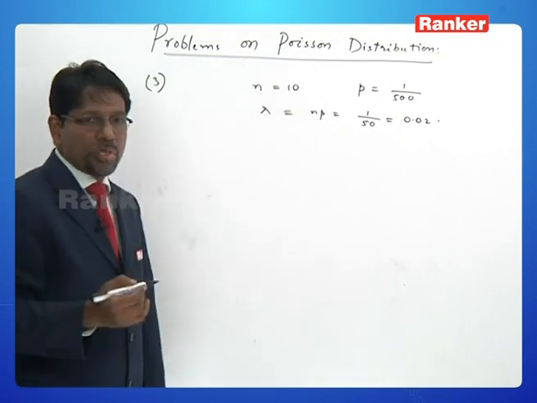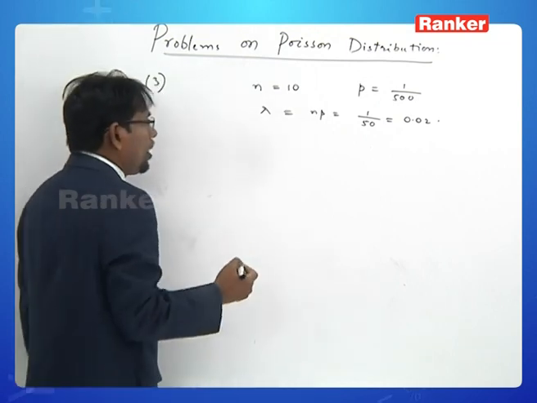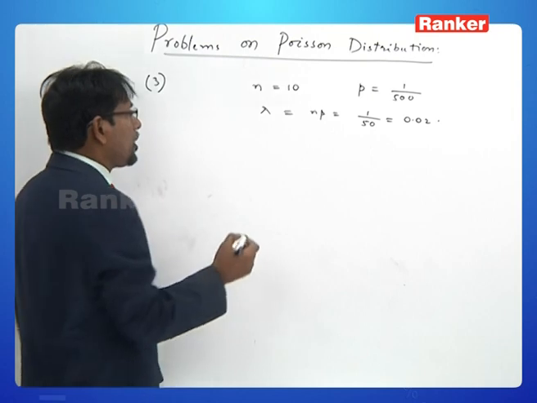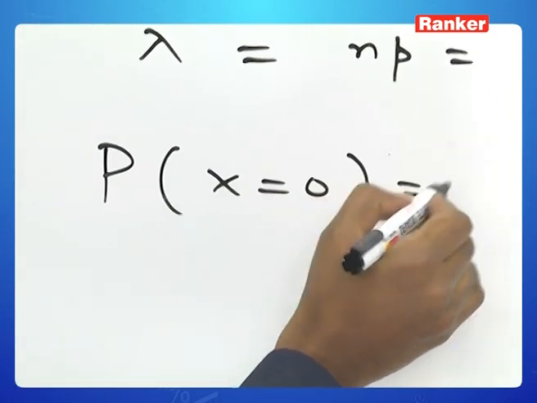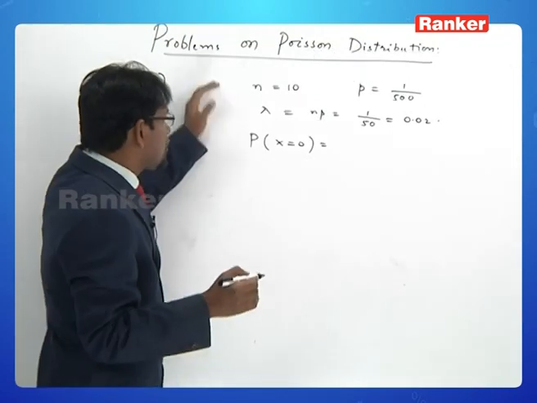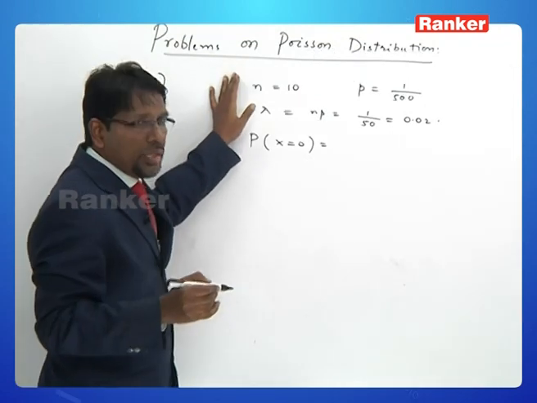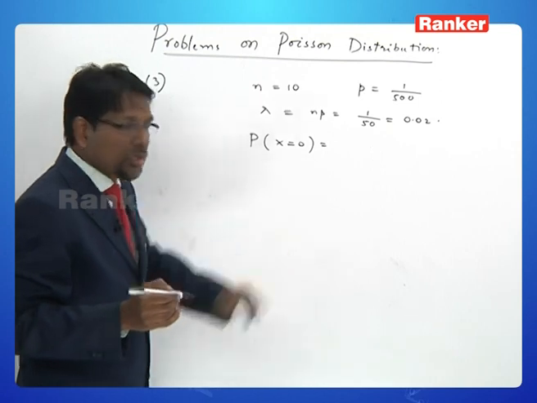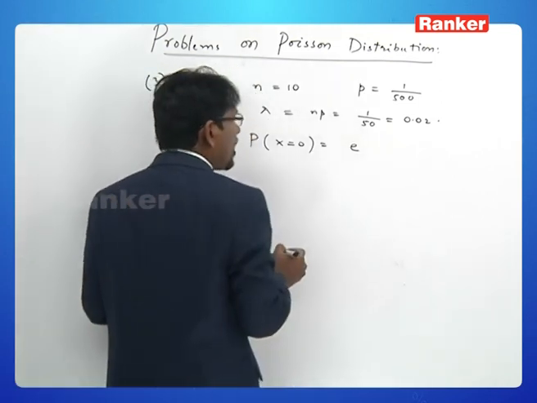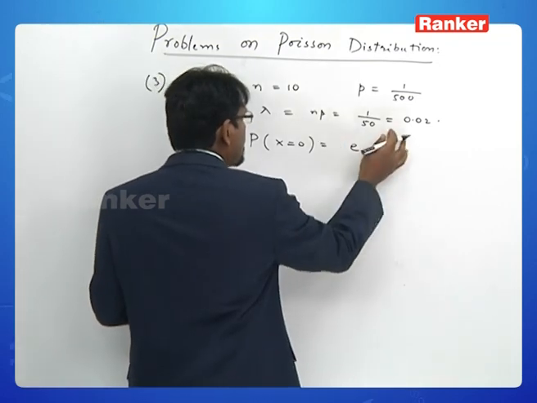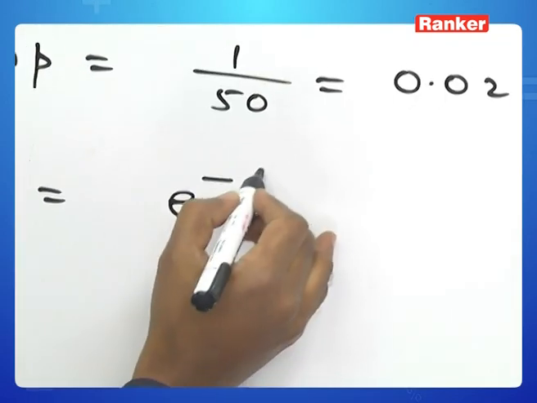So lambda is 0.02. Now, what is the probability that the number of defectives is 0? That is, in a lot of 10, what is the probability that there is no defective at all? We have already seen in the previous example, it is e power minus lambda. So that makes it e power minus 0.02.